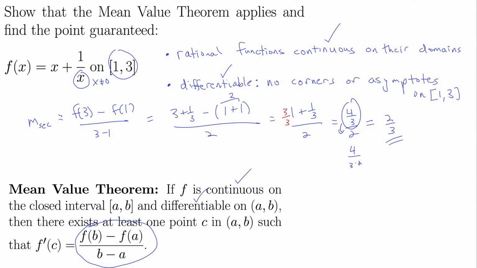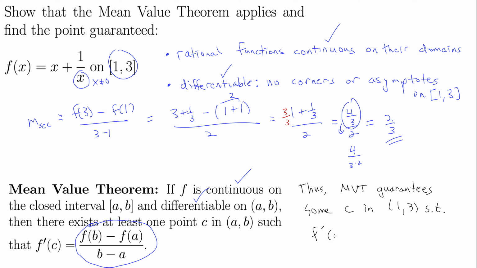So there's that. So back to our proof here. So we can say now, thus, the mean value theorem guarantees that some c in the open interval 1 to 3 is such that, let's see, what happens at that c?